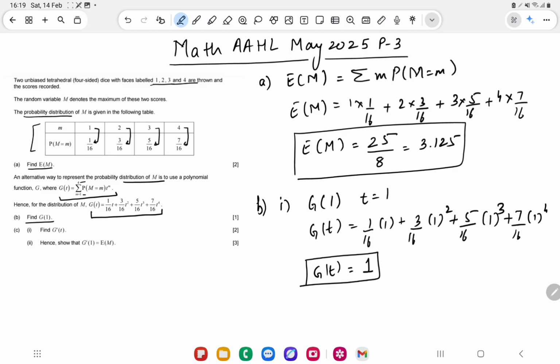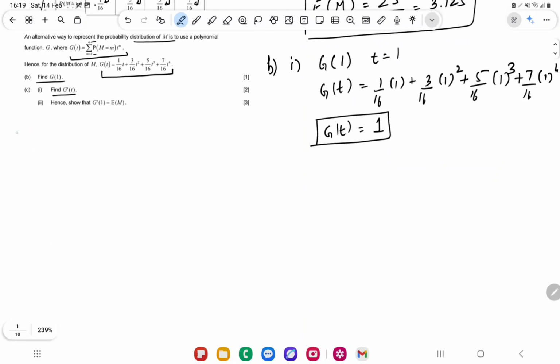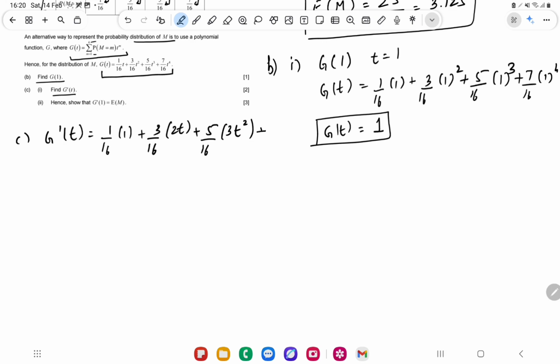Now for the C first part, it says G dash t. G dash t means differentiation of G(t). So we will be differentiating. 1 by 16 is a constant, t's derivative is 1. 3 by 16 is a constant, t squared's derivative is 2t. 5 by 16 is a constant, the derivative of t cubed is 3t squared, plus 7 by 16, the derivative of t to the power 4 is 4t cubed.